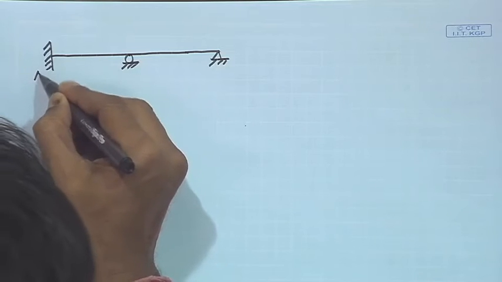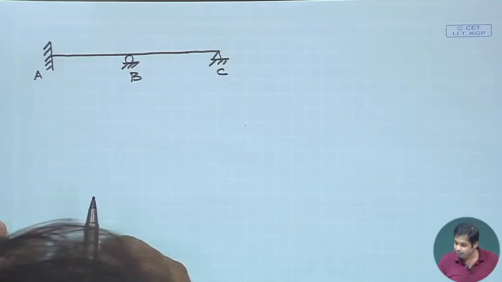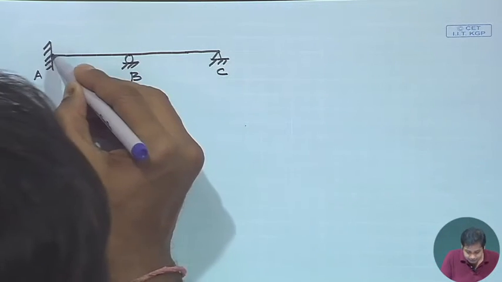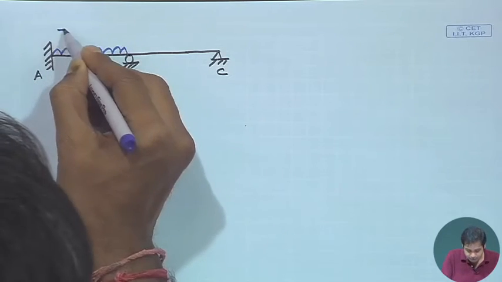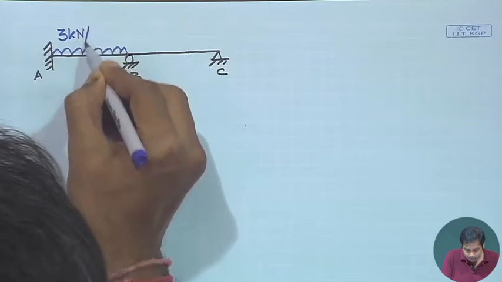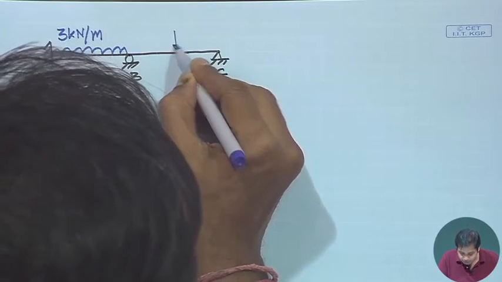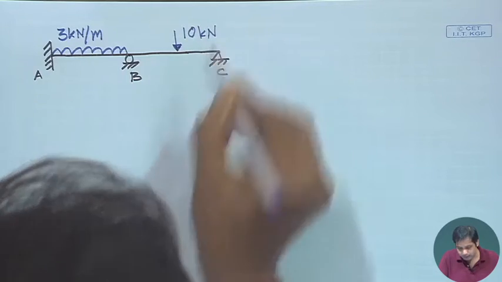This is A, B, C, and it is subjected to a uniformly distributed load of 3 kilonewton per meter, and at mid span a concentrated load of 10 kilonewton.